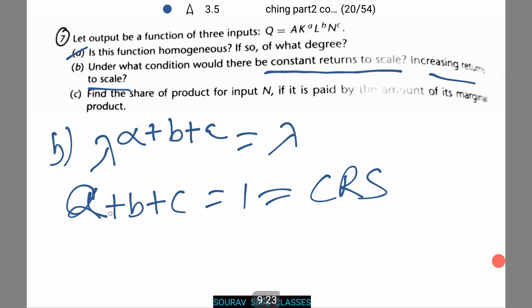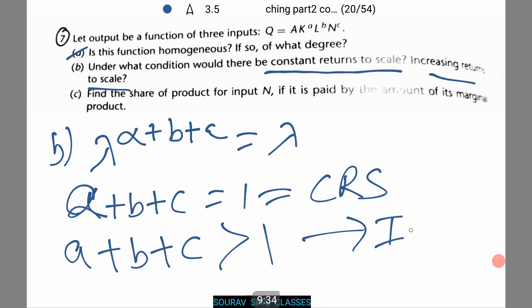Sorry, this will be a, please note it. Now for increasing returns to scale, the value of a plus b plus c should be always greater than 1. Thus these are the two conditions required for IRS and CRS.